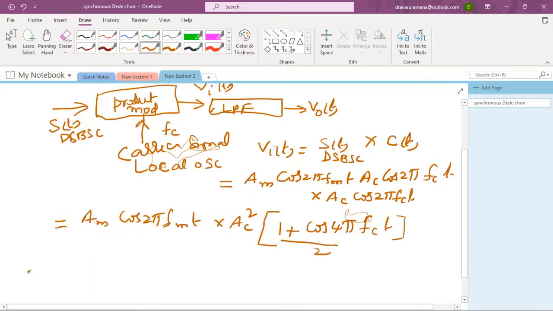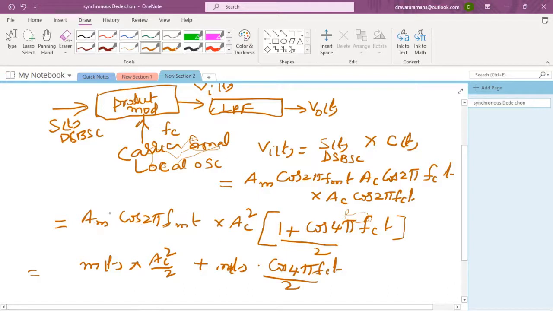So it is m(t) multiplied by the first term, Ac square by 2 into 1, plus the second term, m(t) multiplied by cos 4 pi fc t divided by 2. There are two terms.